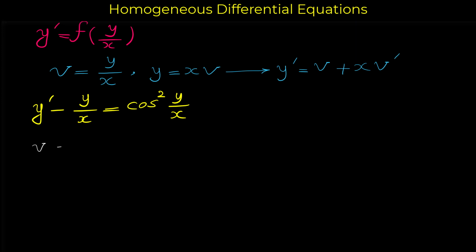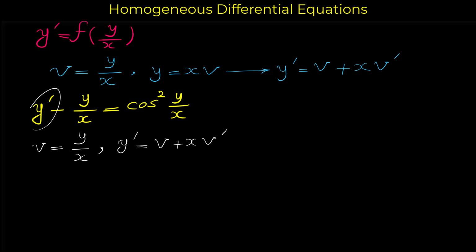First, we suppose v to be y over x. By using this substitution, as we see here, y prime equals v plus x v prime.